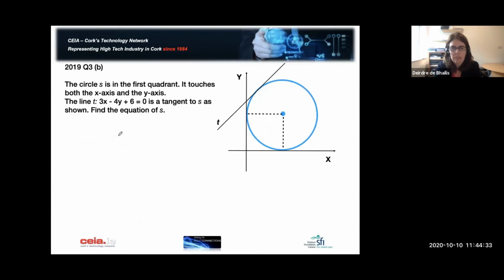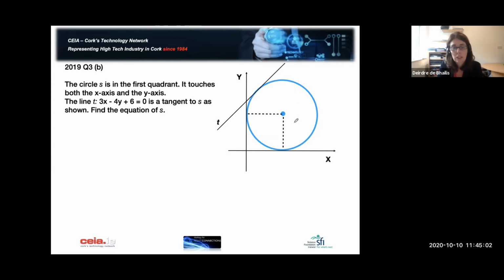So part B now of that question. The circle S is in the first quadrant. So in the first quadrant, that's an important piece of information. There was no word misplaced in these exam questions. Everything is going to have some information attached to it. So the first quadrant tells us that what we're looking for here, for, say, the center of the circle or any point on the circle, they all have to be positive.